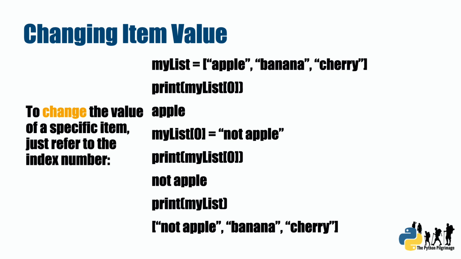And then we change my list of index 0 to not apple. So the new value should be not apple now. If you print out my list of index 0, that should be not apple now. And if you print the whole list, you'll get not apple, banana, and cherry.